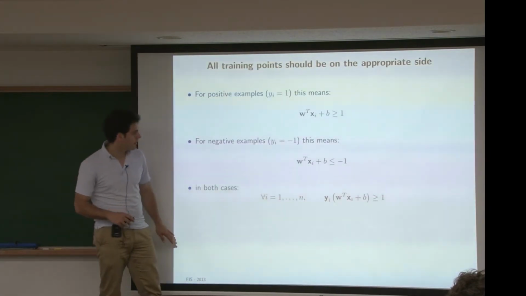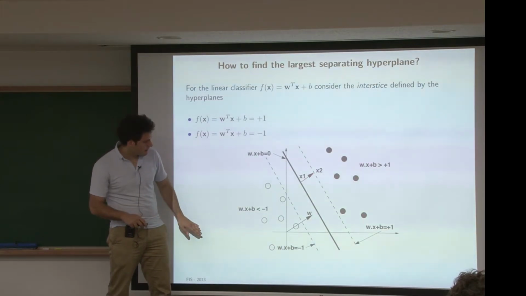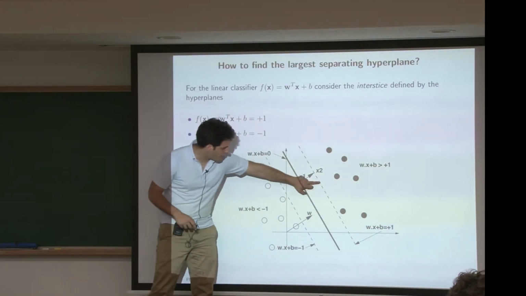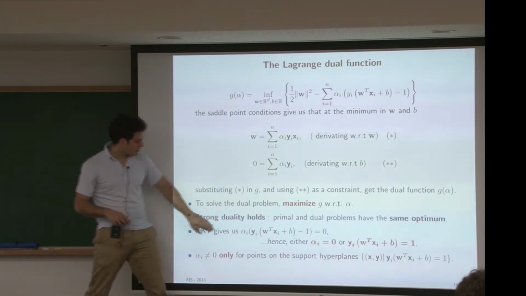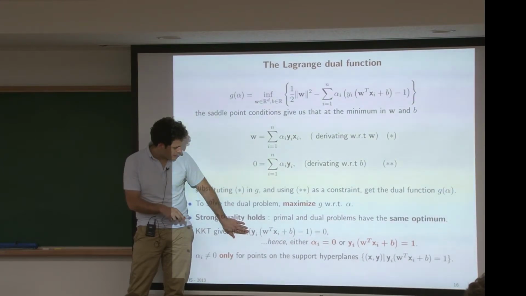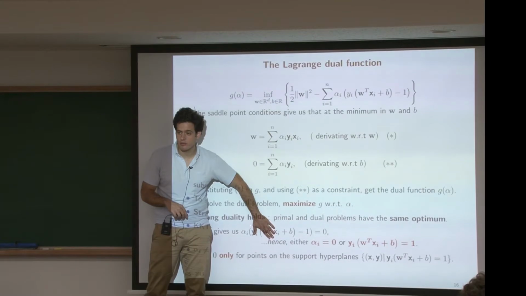And if you remember, basically those equal to 1, w transpose x plus b times yi equals 1, means exactly that it's either here or here. So for those points such that this applies, usually alpha i can be non-zero. It can be strictly positive.